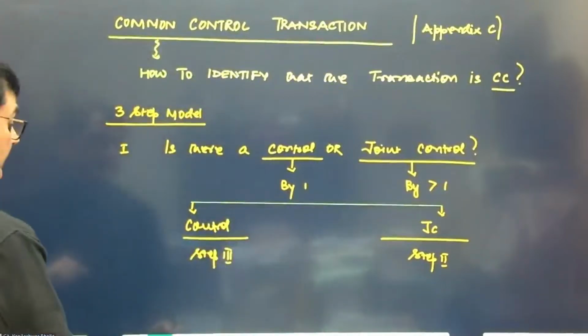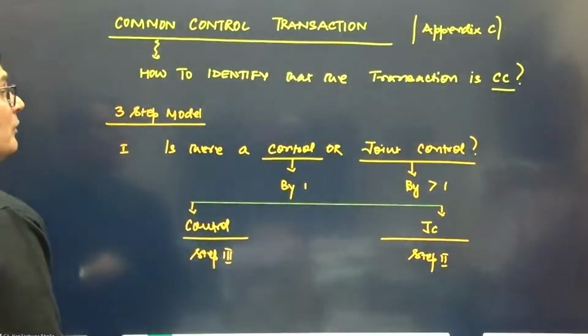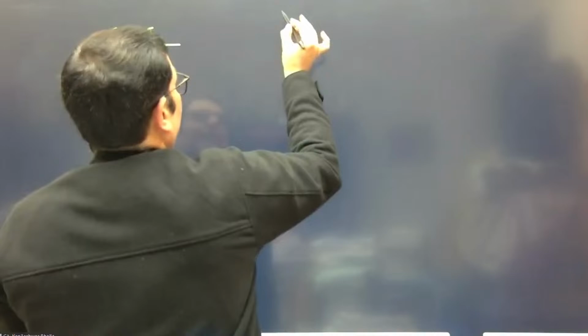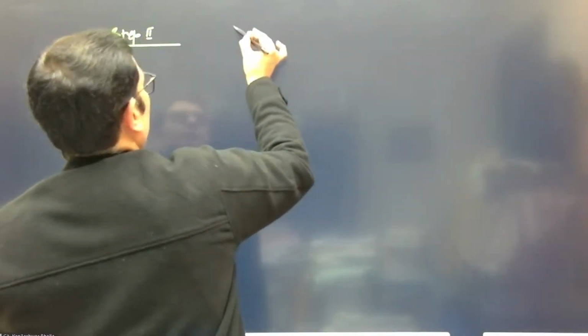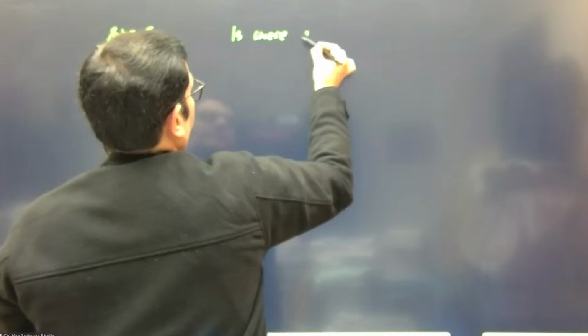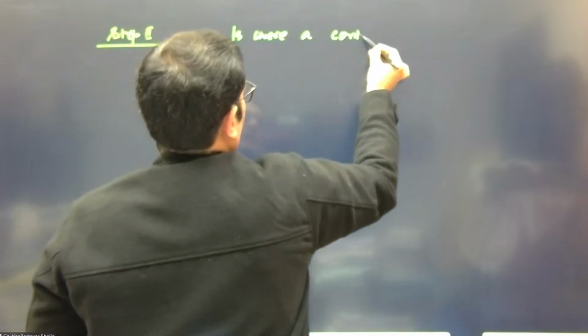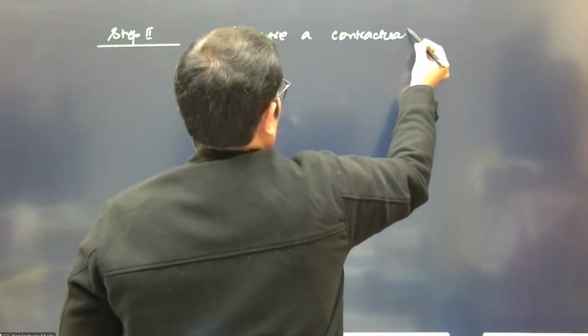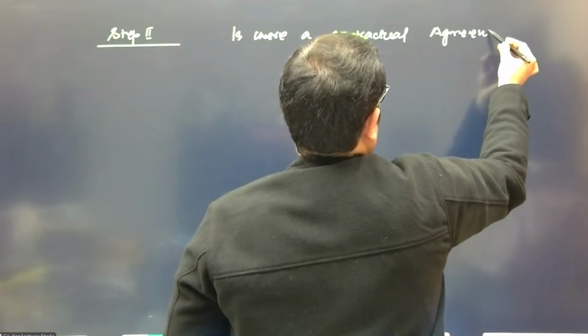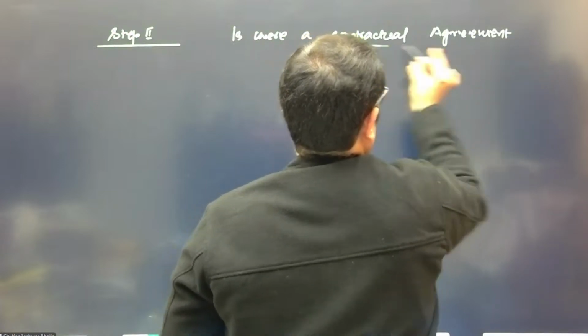When there is a joint control, we go to step number 2, and we see: is there a contractual arrangement or agreement? The focus is then on the contractual agreement.